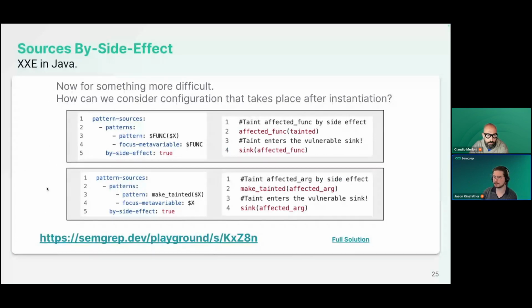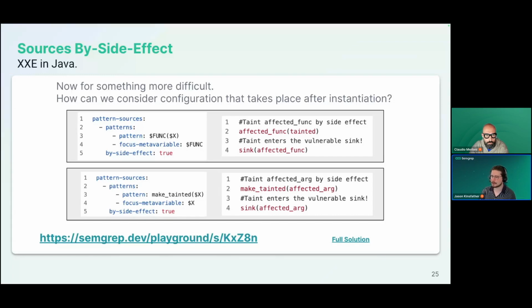We're going to get even more complicated, this time using something called by side effect. Again, just like the last problem, we want to consider conditions that'll make a sink either vulnerable or not vulnerable. We were able to say, when this has been instantiated this way, that's a problem.